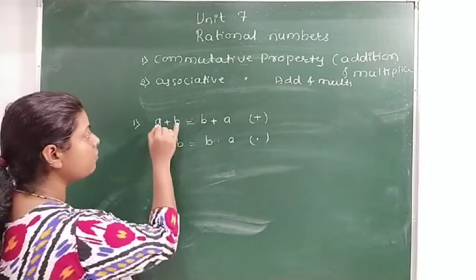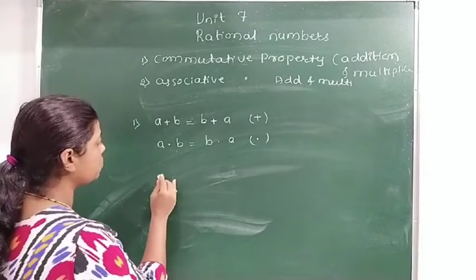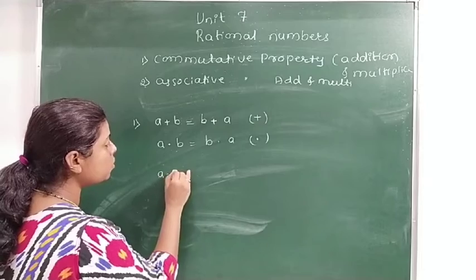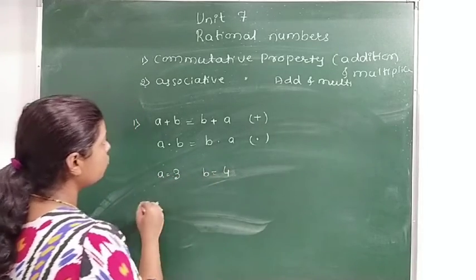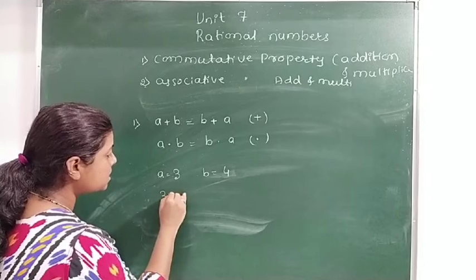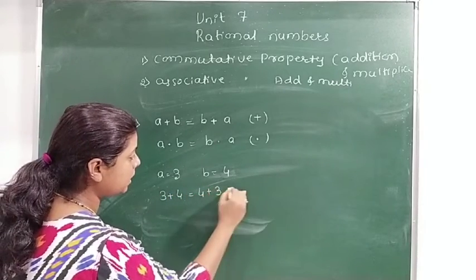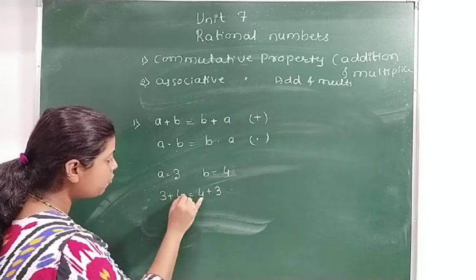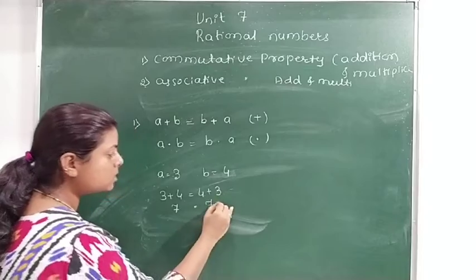Means what? If A is a natural number, B is a natural number, we have to take. Here A is equal to, we can take 3, B is equal to, you can take 4. See, 3 plus 4 is equal to 4 plus 3. This 3 plus 4 is nothing but 7. 4 plus 3 is equal to 7.